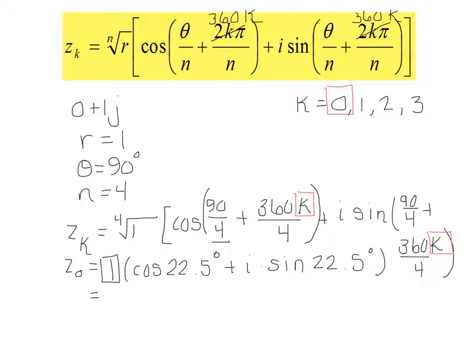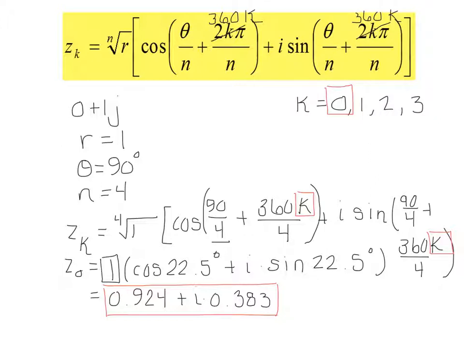So cosine of 22.5 degrees is 0.924 plus i times the sine of 22.5 degrees, which is 0.383. Here is our first fourth root of j.